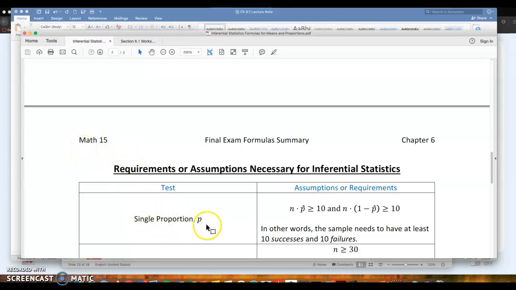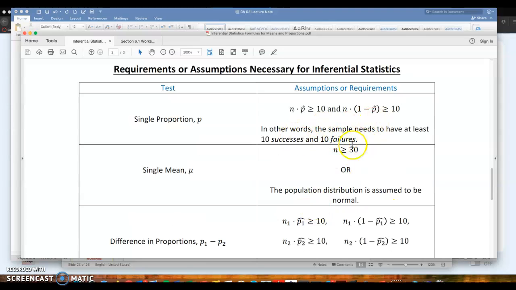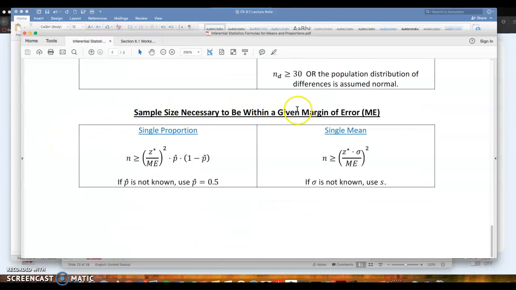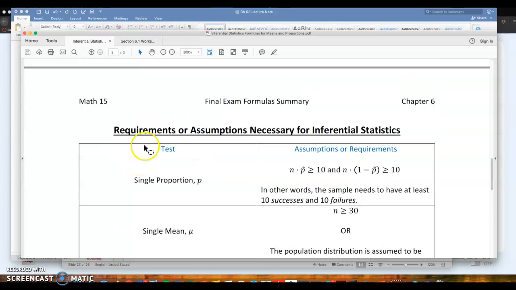So we have single proportion right here, and so we need to have at least 10 successes and 10 failures. And then I put at the very bottom, sample size necessary. So in chapter 6.1, we went over this sample size. So I encourage you as you go over homework, quizzes, or anything, to have this sheet handy, whether you print it out or have the PDF open.